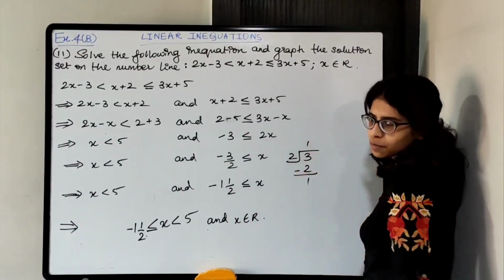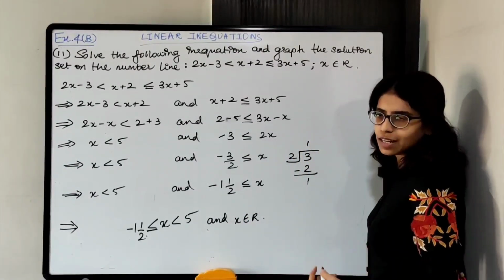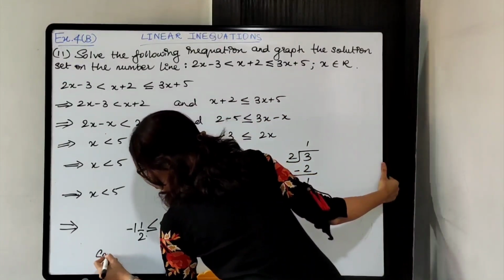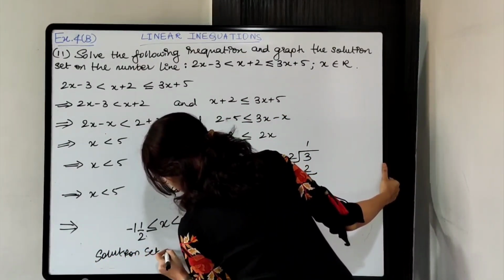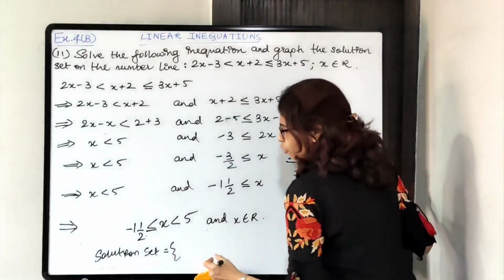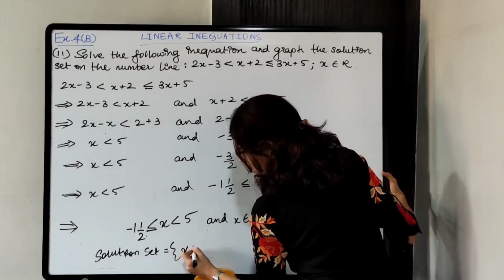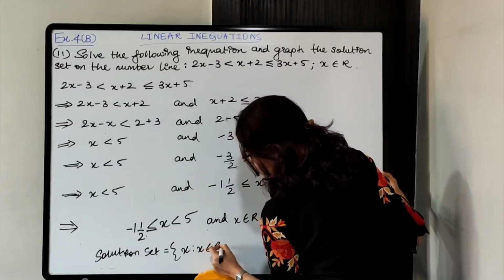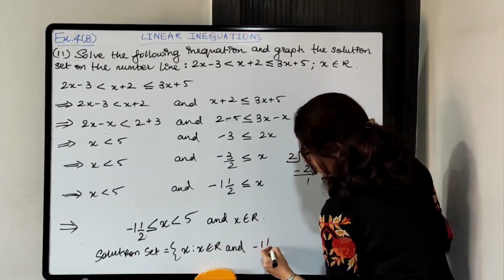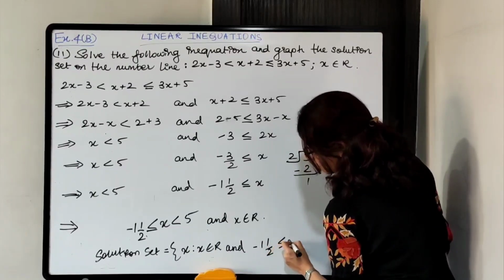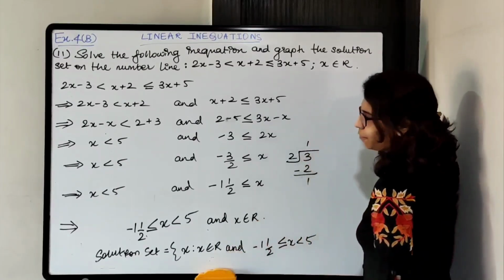It is given over here. So we will write the solution set. What will be the solution set? It will be in set builder form, right? For real numbers we write in set builder form, x such that x belongs to R and minus 1.5 is less than or equal to x is less than 5.